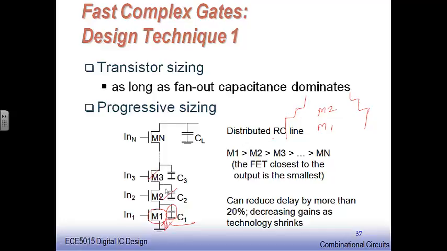So this way I can go for progressive sizing. These progressively sized devices from M1 to Mn can make the circuits drive faster.